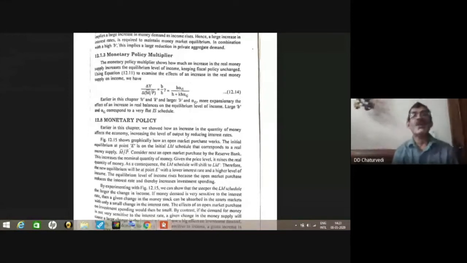So if H is small, which is in the denominator, the value of the monetary policy multiplier will be greater.